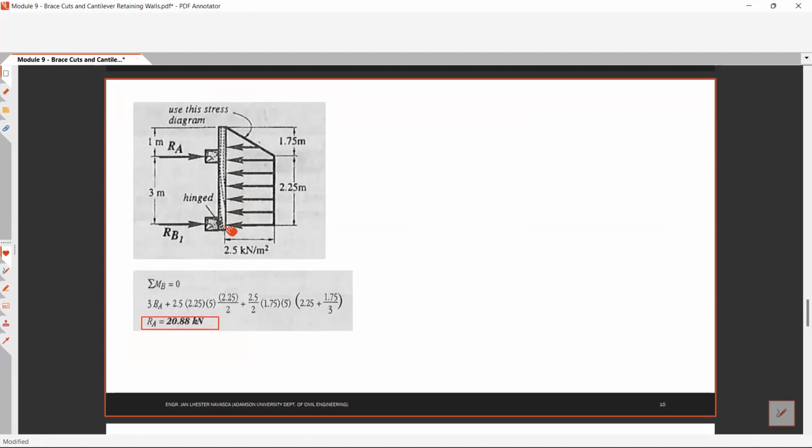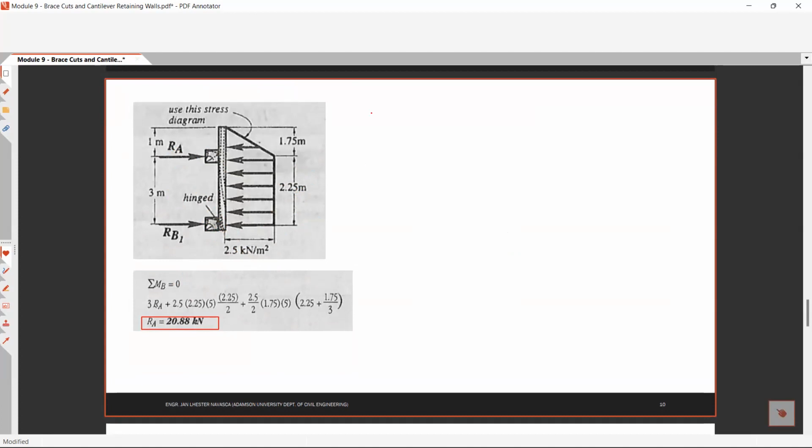So taking the moment at B, the sum is 3 times RA. The distance of RA to RB, that is 3 times RA. Then 2.5 times 2.25 times 5.